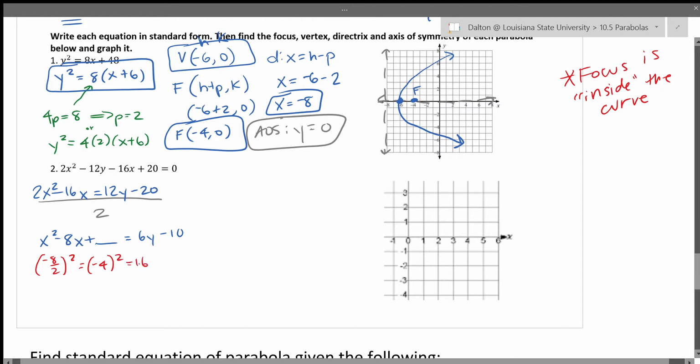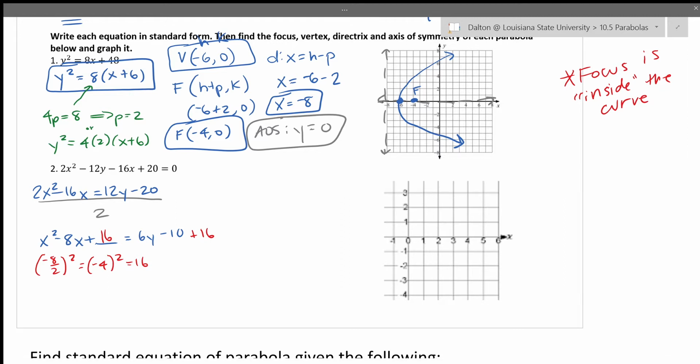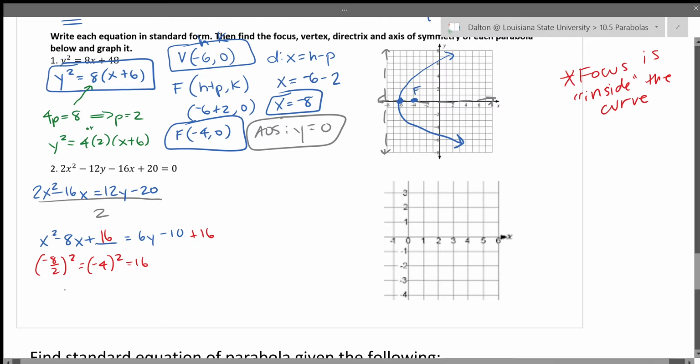Now, I'm not multiplying by anything else up front, so when I add 16 to the left side, I really am just adding 16 to the right side. When we take the final step and actually complete the square, on the left-hand side, we get x minus 4 squared is equal to 6y. Negative 10 plus 16 is 6.